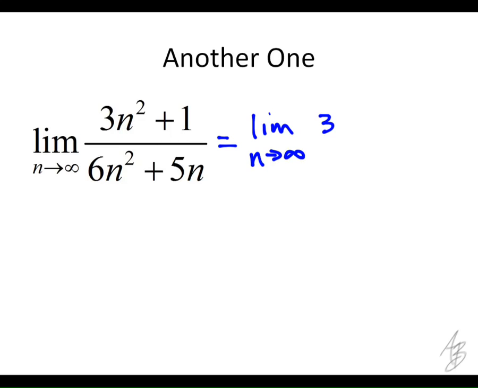So we ended up with 3 plus 1 over n squared over 6 plus 5 over n. And then we said since n is going to infinity, then we know that these terms here, where n is in the denominator, those are going to go to what? 0. Those will go to 0, and so what we end up with is 3 over 6, or 1/2.